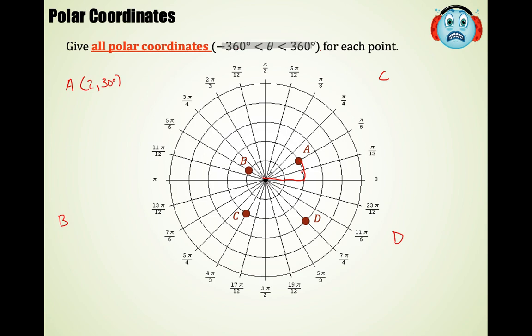Can't I go positive 2 and then go in this direction? How far is that? 330 degrees, isn't it? But which direction? Good.